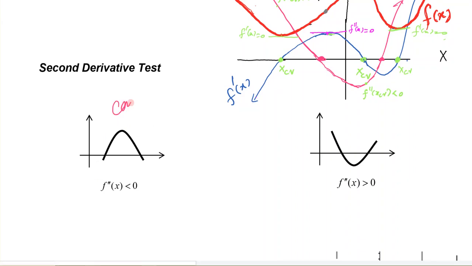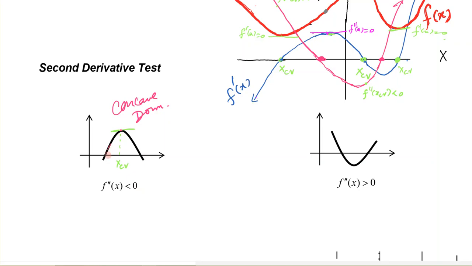So this is concave down, it's facing downwards. And here the second derivative would be negative for this portion of the function. So the critical point would be here, right? So maximum, so the slope is zero because it is horizontal. So this is your critical point.